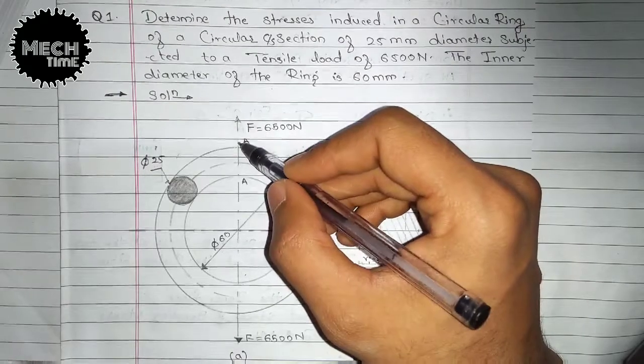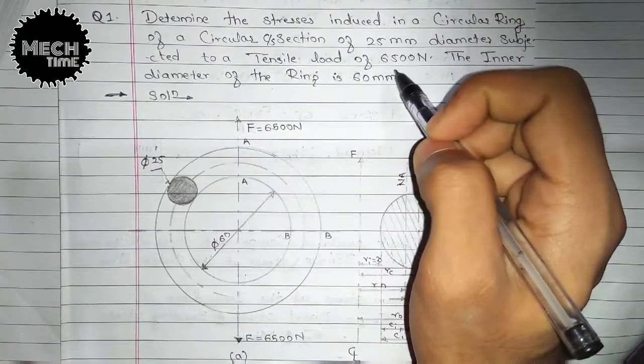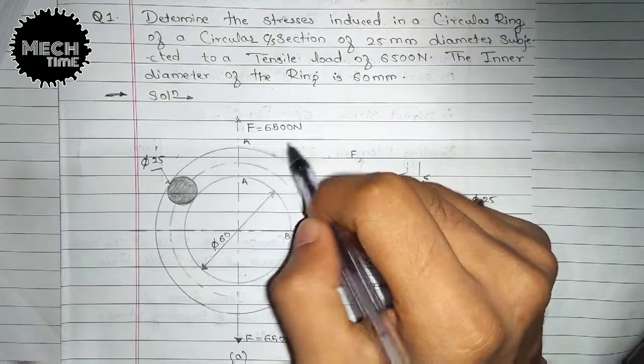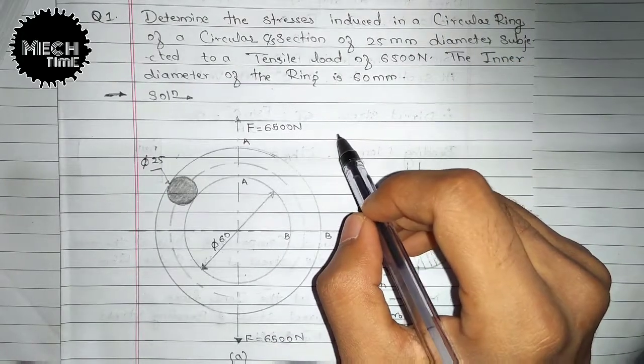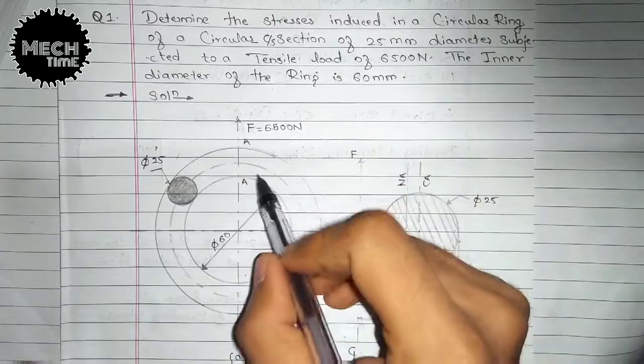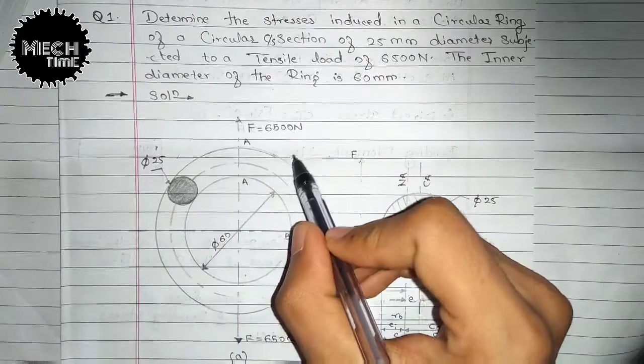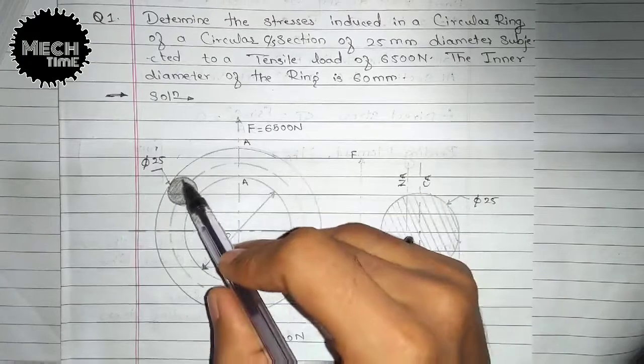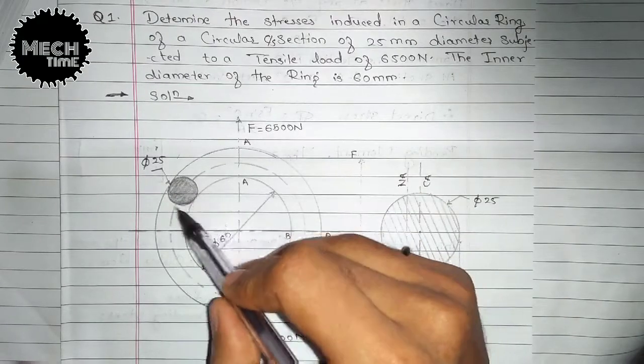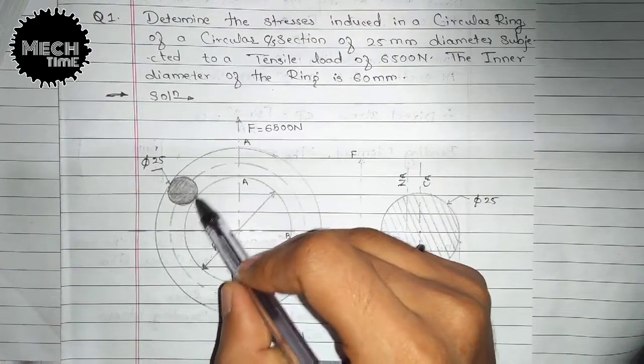Now it is a tensile load, so they have told the tensile load of 6500 Newton. The inner diameter of the ring is 60 mm. So they have told the inner diameter; you can see this is the inner diameter, this is the outer diameter of the ring, and this is the circular cross section they have given here.